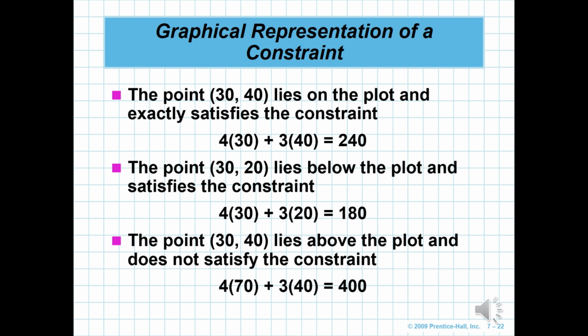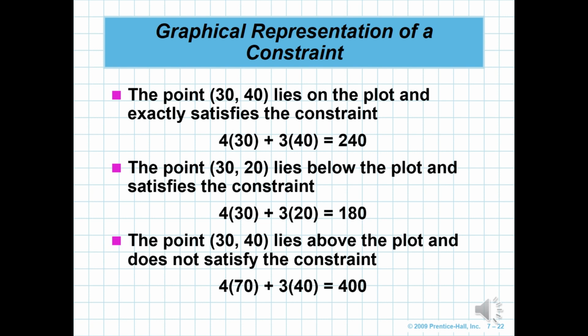This is how it shows the total number of the constraint. If we produce 30 tables and 40 chairs, we get 240. This is the maximum number of resources allocated for carpentry hours. But if we only produce 30 tables and 20 chairs, we just use 180 hours of carpentry.